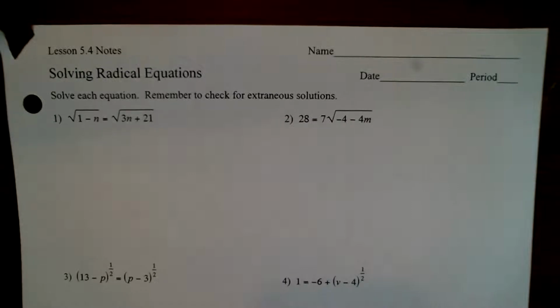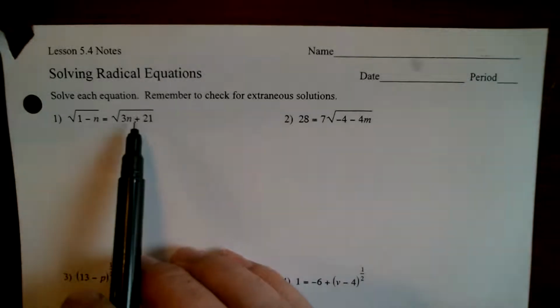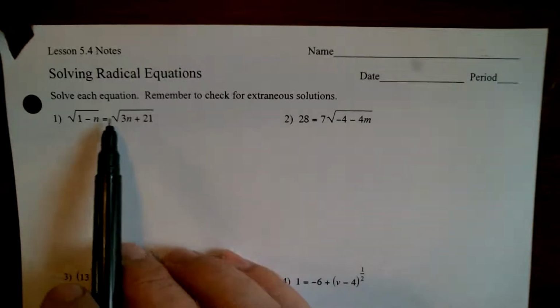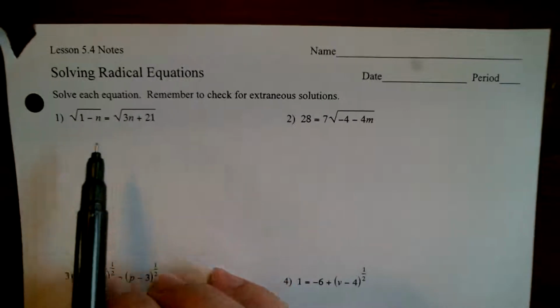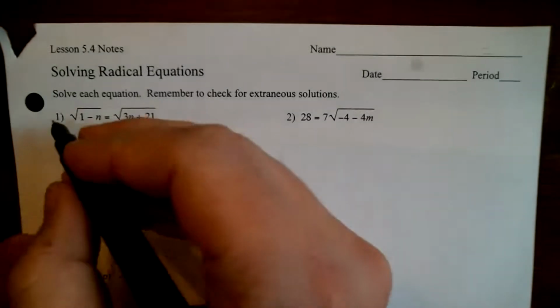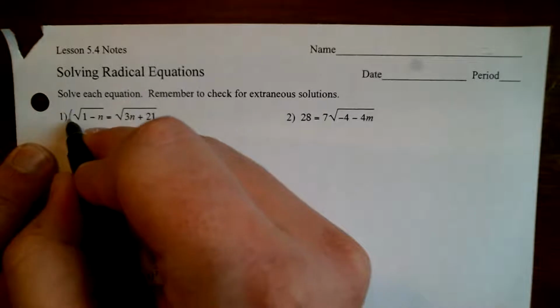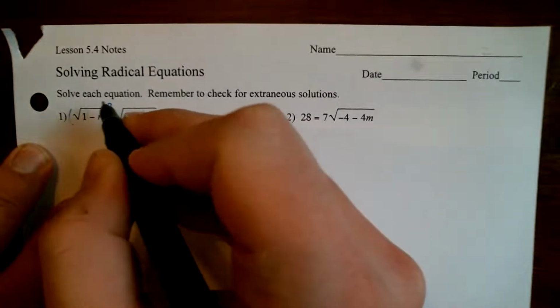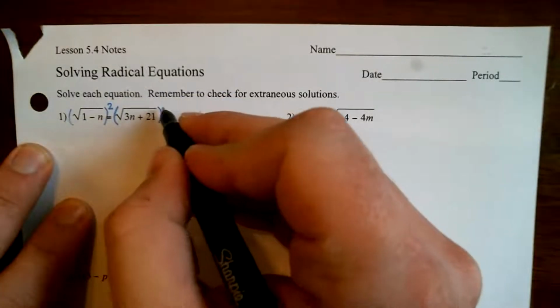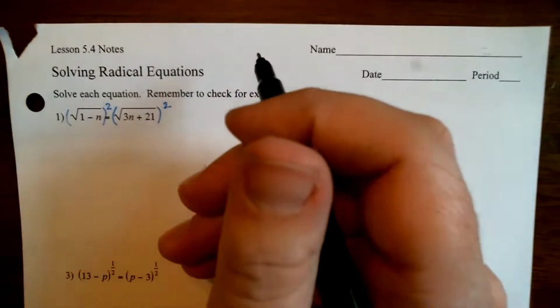So jumping in to number 1. I have a square root on both sides, so I need to get the square root off. I need to square both sides. I'm going to square the left side, and I'm going to square the right side.